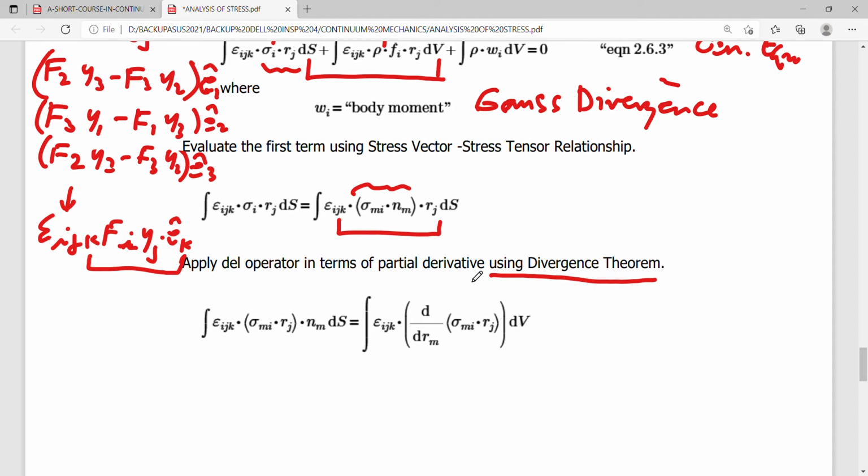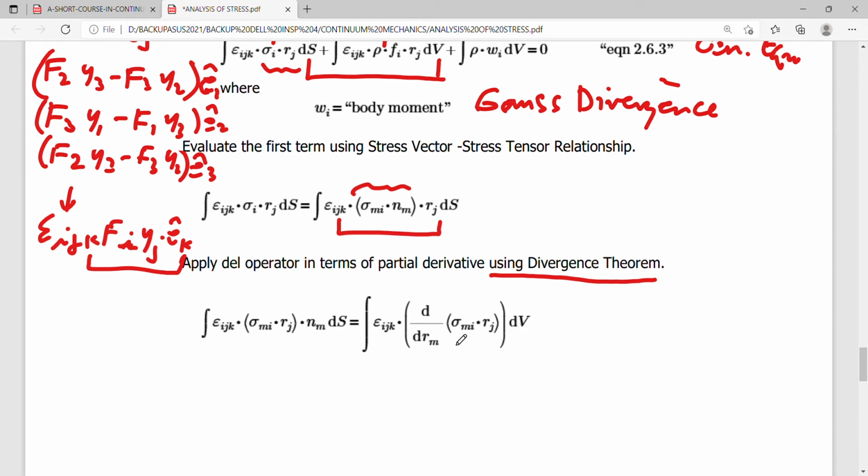So that's the objective of trying to look at the procedure and how to appreciate more your general moment equilibrium equation into a more specific moment equilibrium equation.